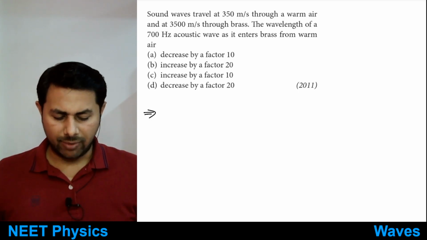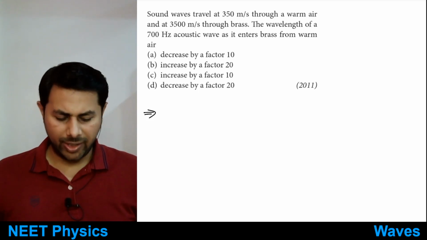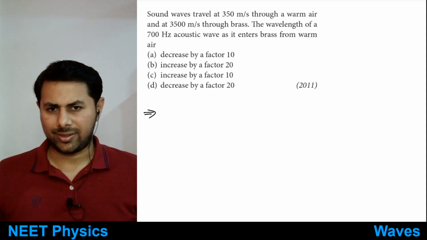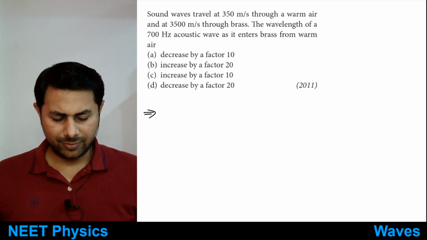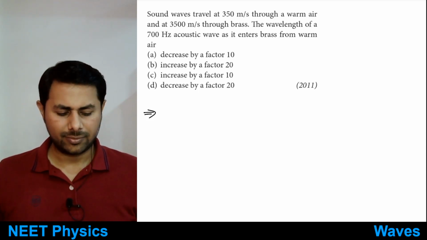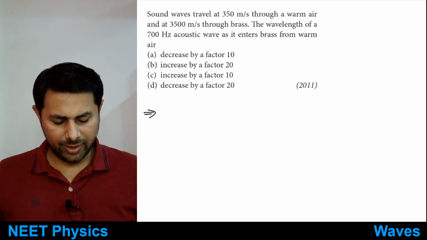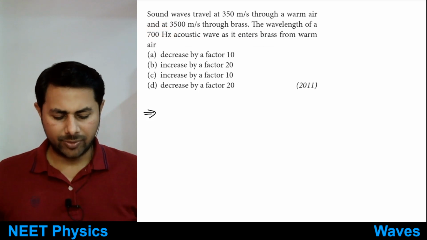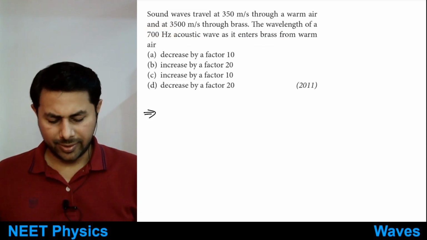Sound waves travel at 350 meters per second through warm air and at 3500 meters per second through brass. So wavelength of a 700 hertz acoustic wave as it enters brass from warm air is.